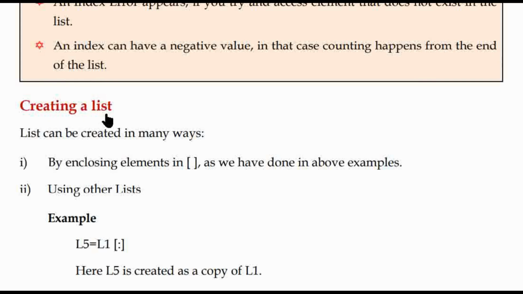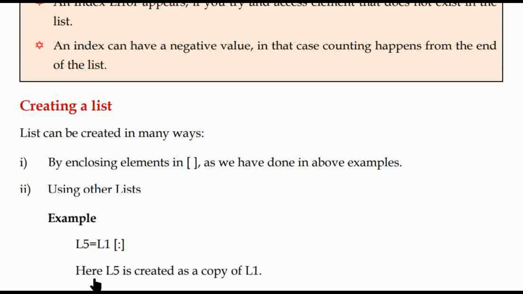A list can be created in many ways: by enclosing elements in square brackets, as we have done in the above examples, or using another list. Example: L5 = L1[:].